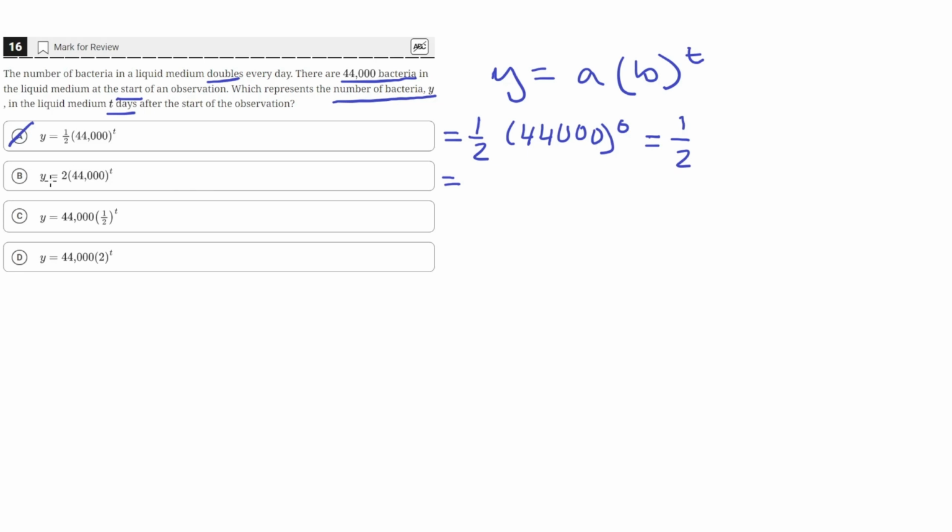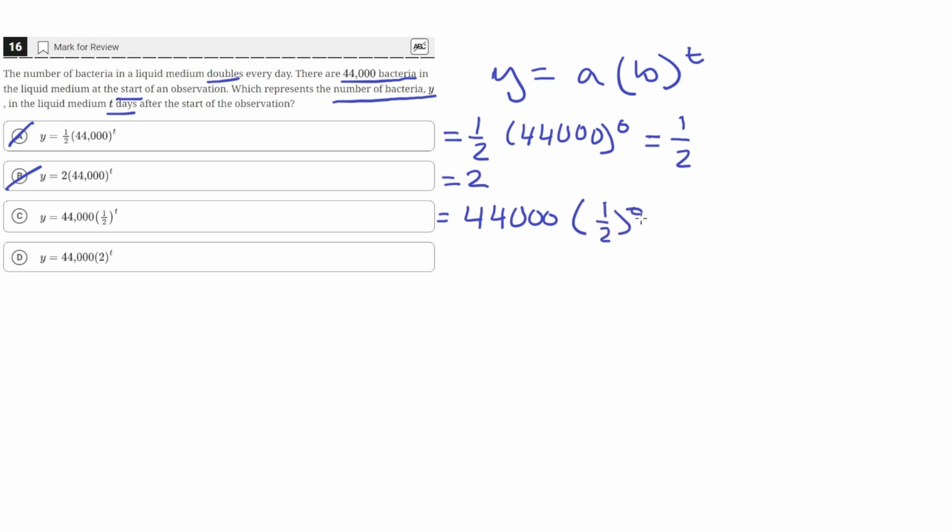Okay, so if we look at the second option here, when we plug in 0 for t, we get 2, because 44,000 raised to the 0 power is just 1, and that multiplied with 2 just gives us 2, which is also incorrect. And then for C here, we get 44,000 times 1/2 raised to the 0.